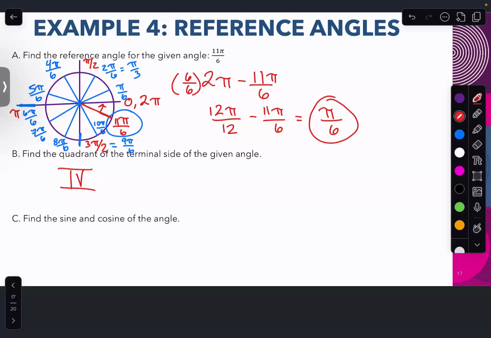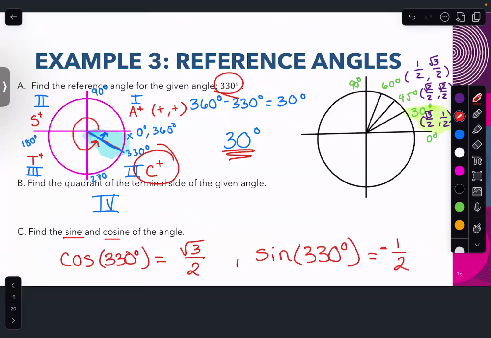So now sine and cosine. We can go in either order. I'll start with cosine of 11 pi over 6. And then we also need to find sine of 11 pi over 6. So it's almost the same question as before, but we're just using radians instead of degrees.